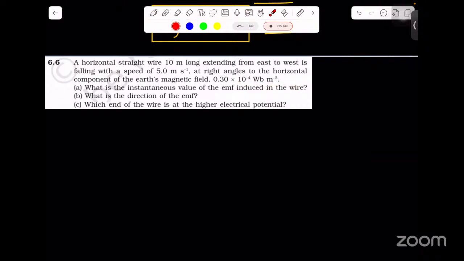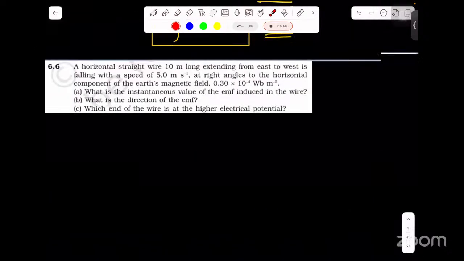What is the instantaneous value of the EMF induced in this wire?